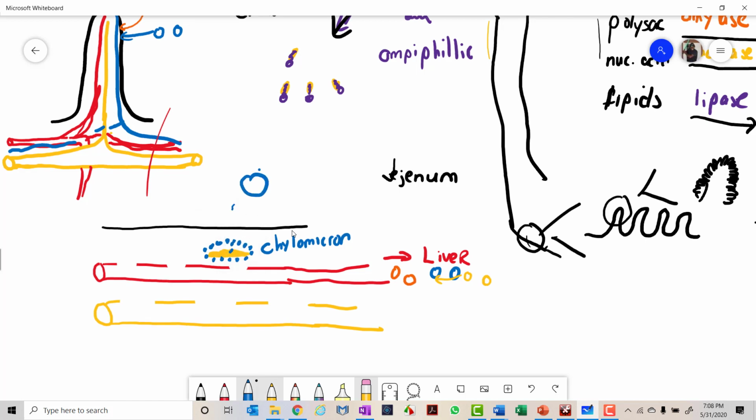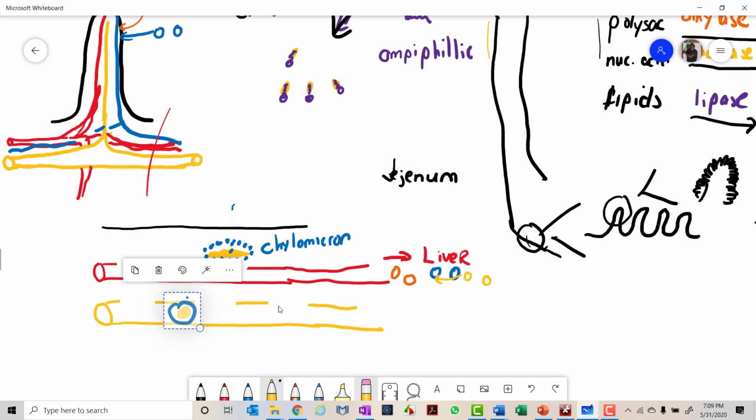I'll just do this and see if it cooperates. And so this whole thing will move as a chylomicron. It will move into the lacteal, and then it will be taken away with the lymphatic system. These fat molecules and the lacteal circulatory system are separate. The red here represents the circulatory system, and it's going to the liver.